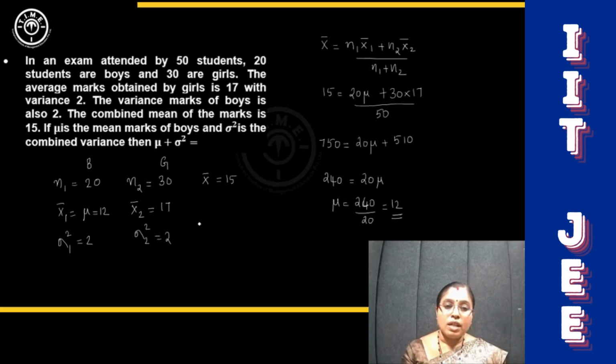So here d1 is x bar minus x1 bar, which is 15 minus 12, that is 3, and d2 is x bar minus x2 bar, that is 15 minus 17, that is negative 2.